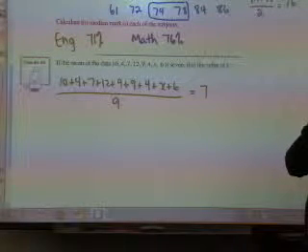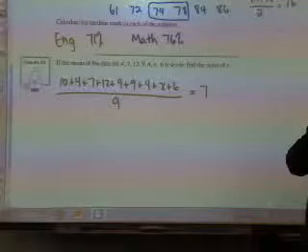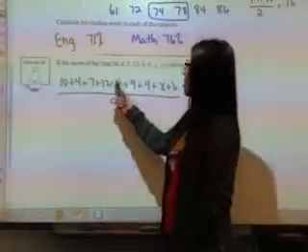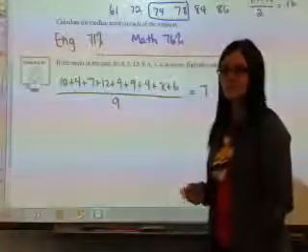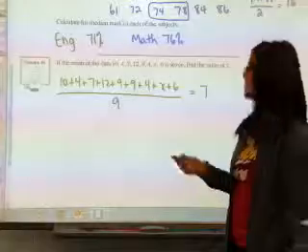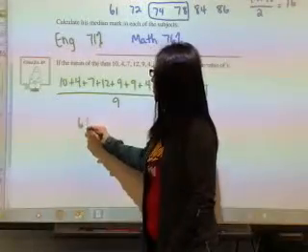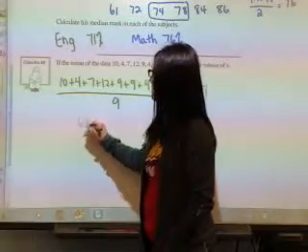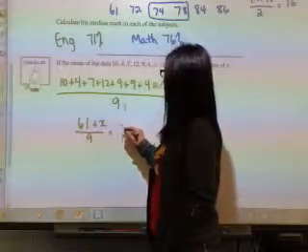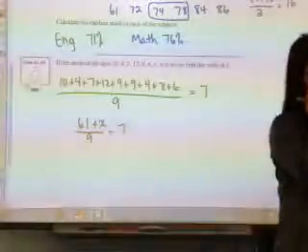Do we add that x? Just add the numbers along the top. 61. So I have 61 plus x divided by 9 equals 7. And my goal is to get the x by itself.